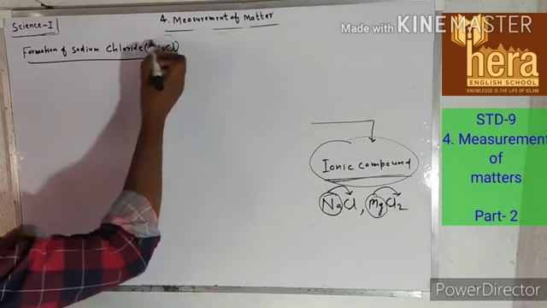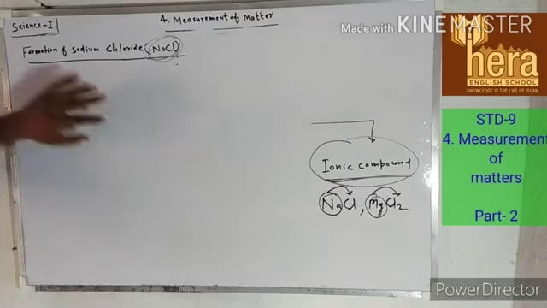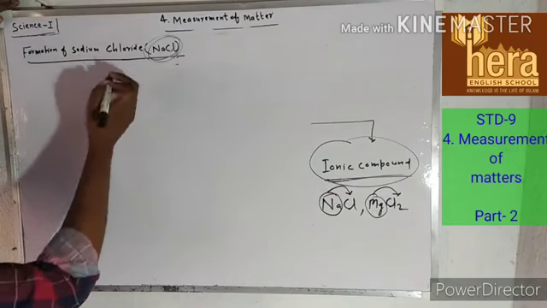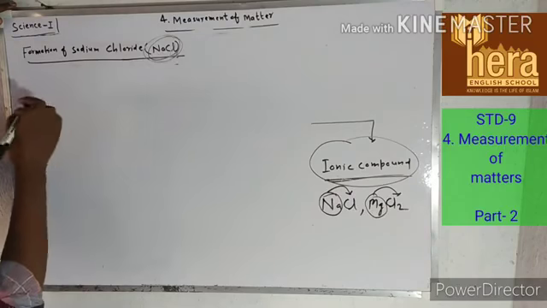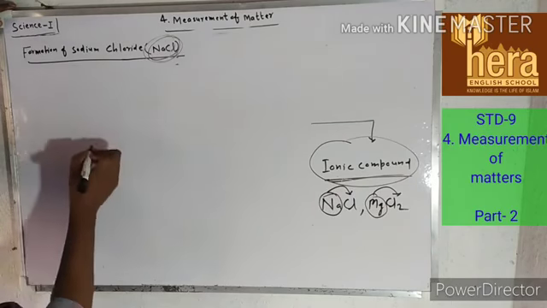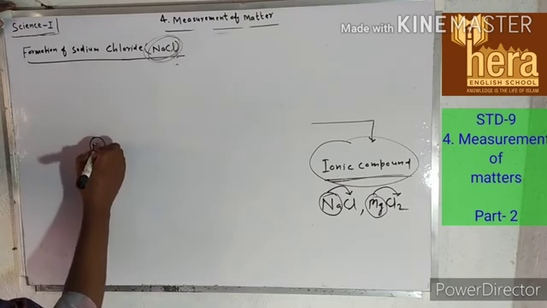In case of sodium chloride, this is an ionic compound. So in the formation of sodium chloride, there are 2 atoms. One is sodium and second is chlorine. In case of sodium, say this is the sodium atom.